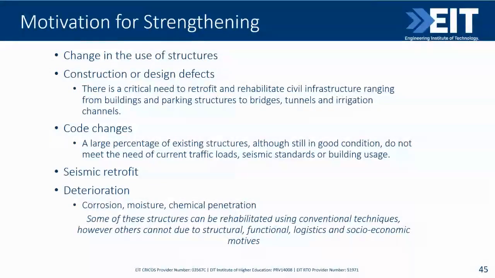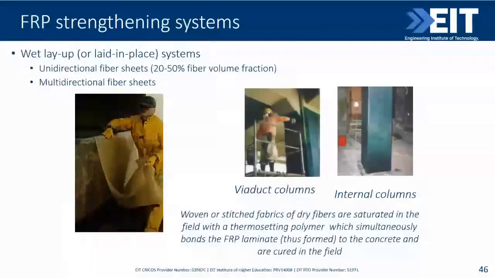And let's have a quick look at this. In this strengthening system we can distinguish mainly two. One is laid in place FRP sheets. Laid in place means the fibers come on site in the form of fibers or some mats, woven fabrics, and they're saturated with polymers on site.